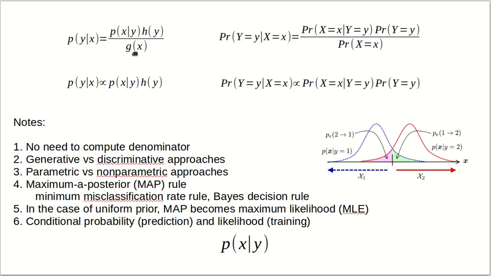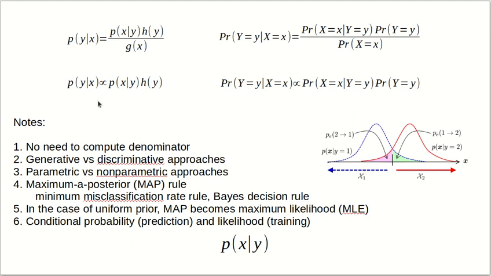The denominator is going to be the same for different values of y, for a given set of values for x. So the denominator can be neglected. In practice, we don't really have to compute the denominator because we're comparing the posterior for different values of y for the same values of x.